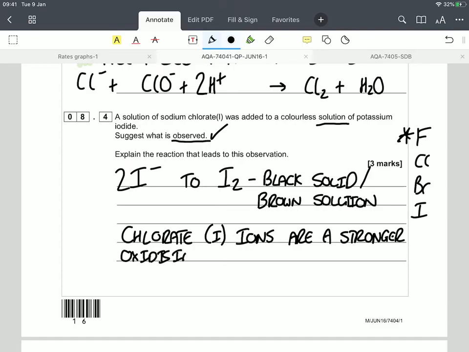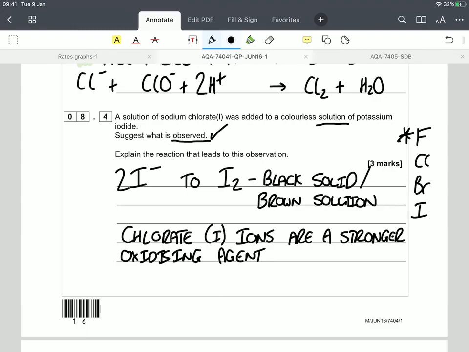This is a slight twist on the typical question, because the typical question would ask you about a combination of chlorine, molecular chlorine, being bubbled through potassium iodide or something, and it'd be the same outcome, rather than it being sodium chlorate 1. Alright?